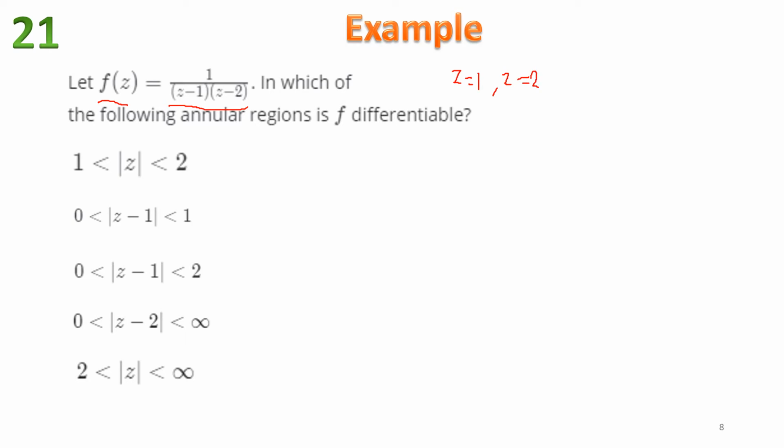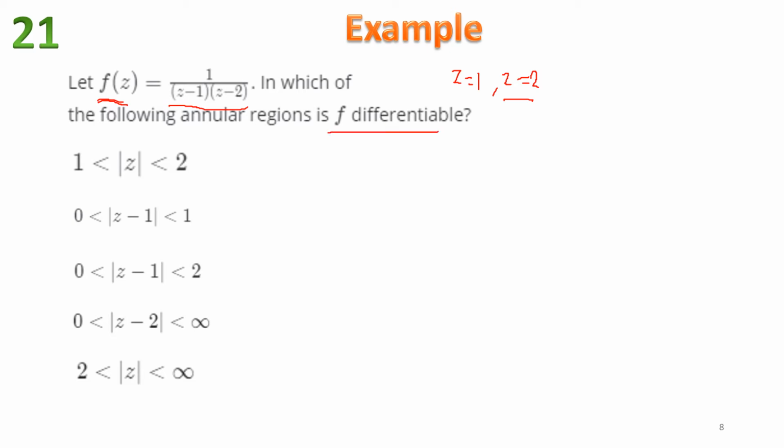When we substitute z equal to 1 in the denominator, we obtain 0, which leads to an undefined value of the function, and a similar thing happens for z equal to 2. In which of the following annular regions is the function differentiable? That is the question.